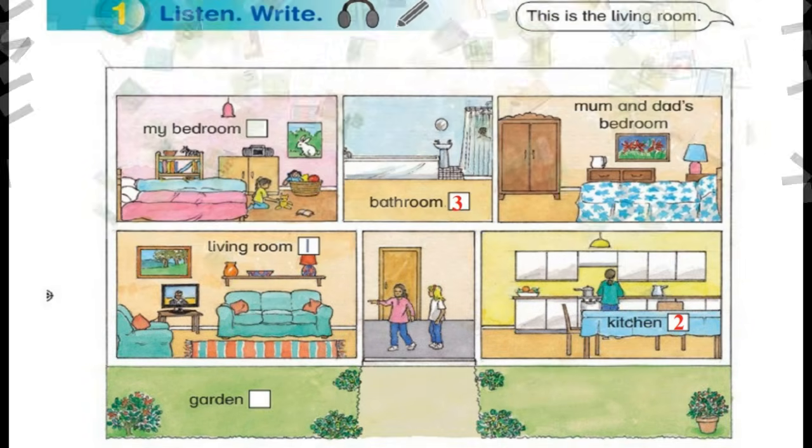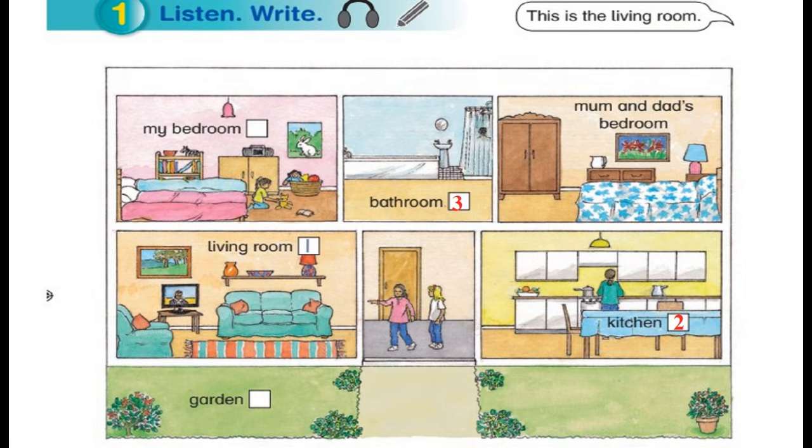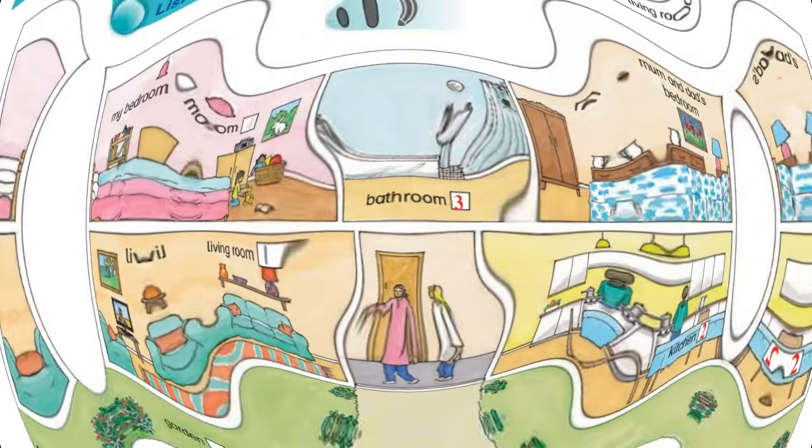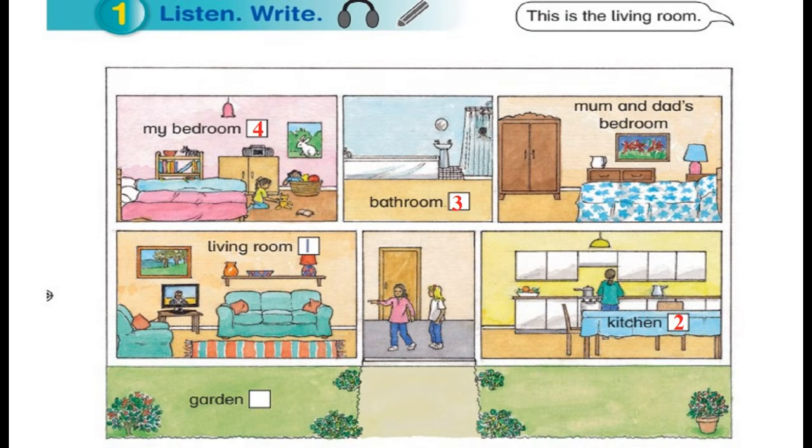3. This is the bathroom. Dad's in there. He's having a shower. 4. And this is my bedroom.